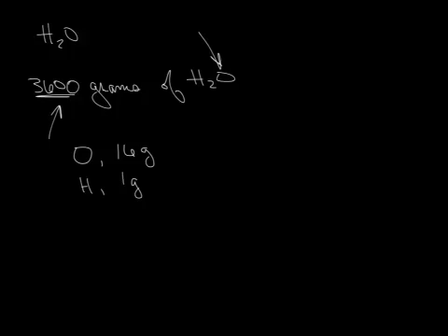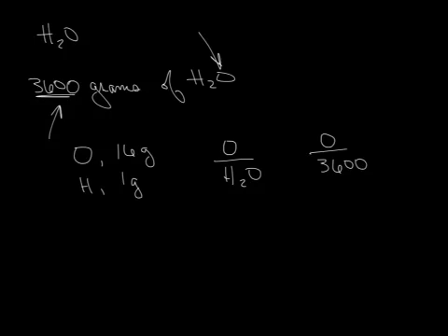Okay, so what we're going to do here is we're going to make a ratio. We are comparing how many grams of oxygen are in H2O, and then we're going to find out how many grams of oxygen is in 3,600 grams.